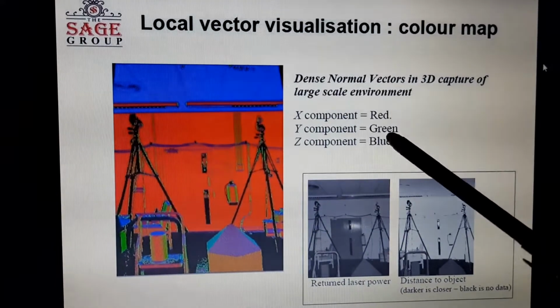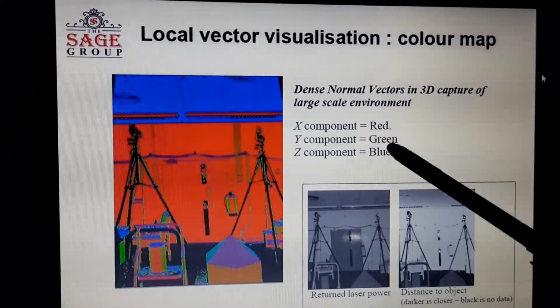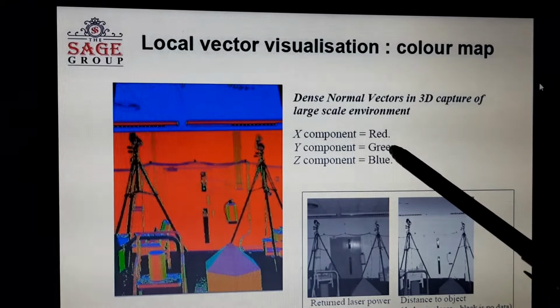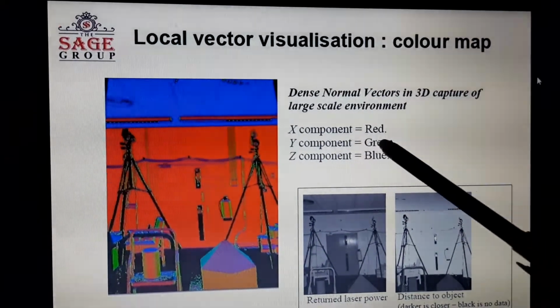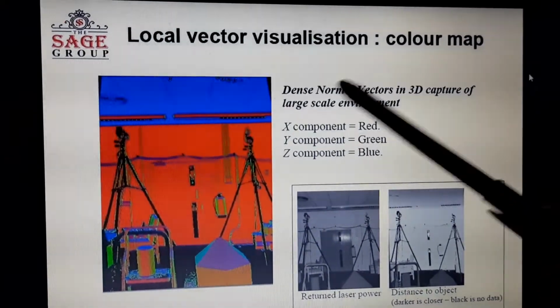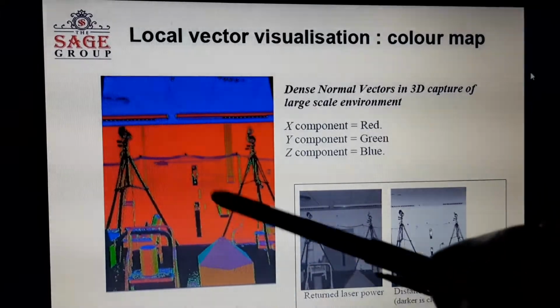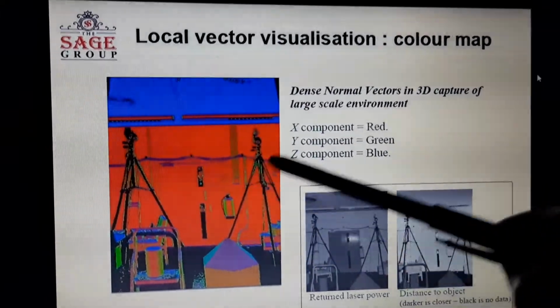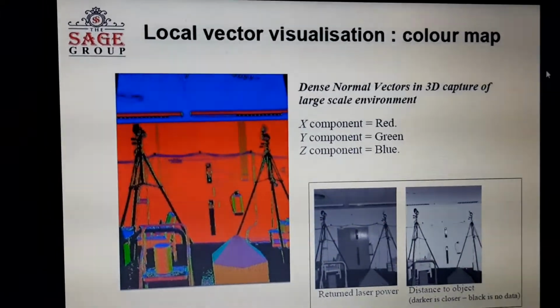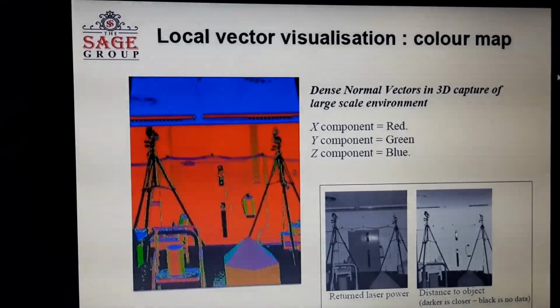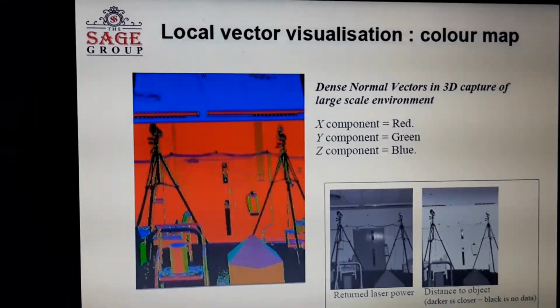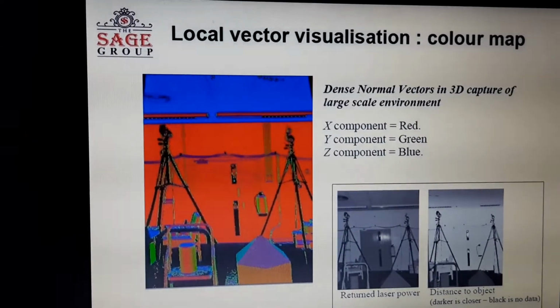The same concept is applied in vector visualization. We use different color patterns to indicate different areas, different coordinates, and different depth values, and thus we get the color mapped value of any image.